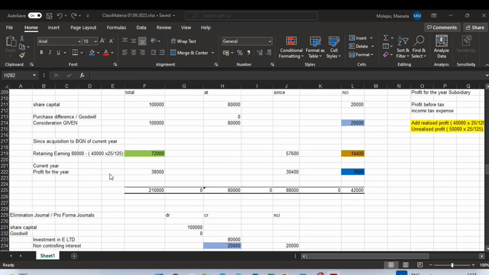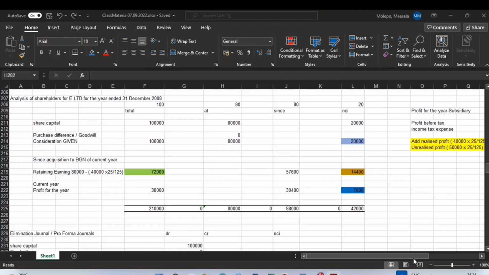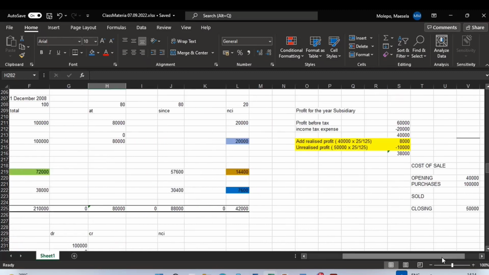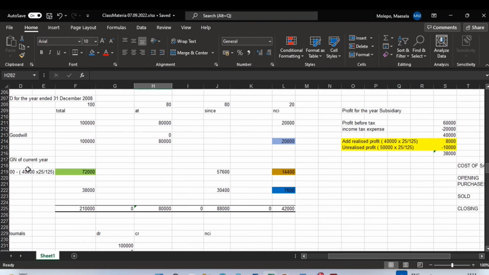In the current year, profit of 80,000 is now realized, but there will be another portion not yet realized. That's why the 38,000, you see how it's calculated from that question here. The 40,000 was unrealized at the beginning, but now it's realized at the end. The 50,000 is now unrealized, so since it's unrealized, the 50,000 will be subtracted.